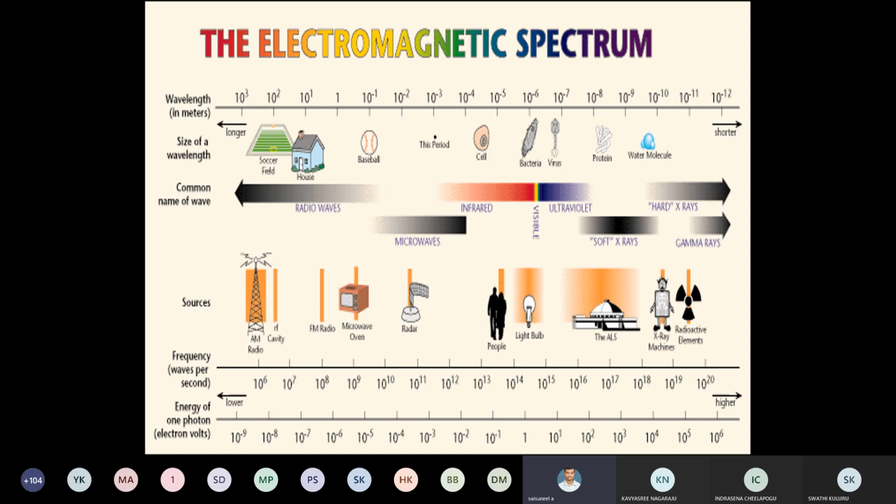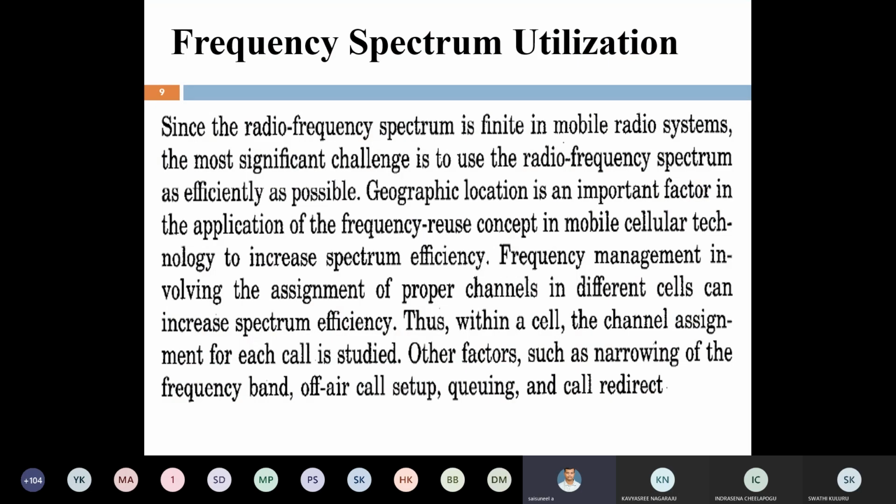All are available: where exactly you use radio waves, infrared rays, ultraviolet rays, gamma rays, and microwave signals. Based upon these basics, we now go for the main topic of this fourth unit, frequency spectrum utilization.